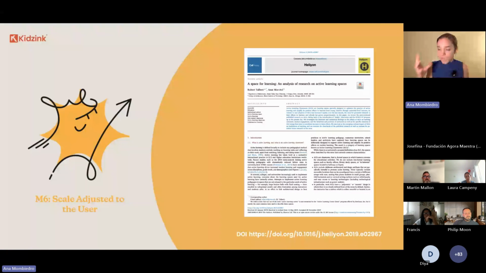There are papers that actually explain how the scale and the size of the space, when it matches the size of the student, helps them gain autonomy. And if you're a teacher right now and you're listening to us, you can know how important this is. So the child or the teenager can take care of what they're going to do. And this is way better when the space has their scale, the size they need.